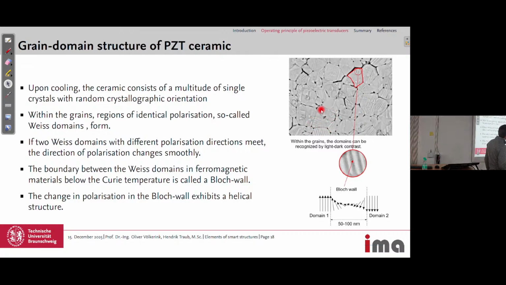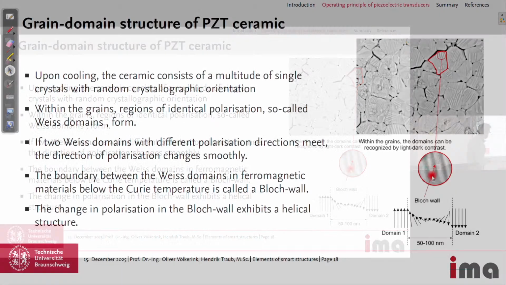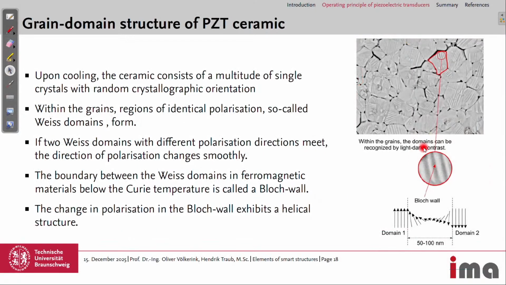So these larger areas are the grains. And within these grains, you have regions of identical polarization, so-called Weiss domains. And these are the light and dark contrast lines in the grain. So you have these striped grains, and the light and dark colors would be the different domains.